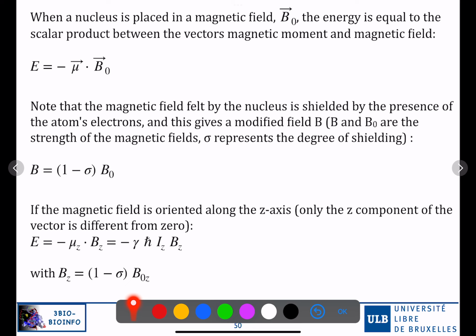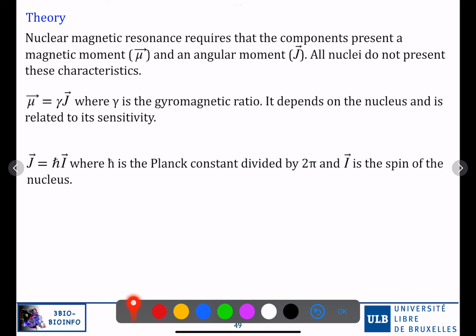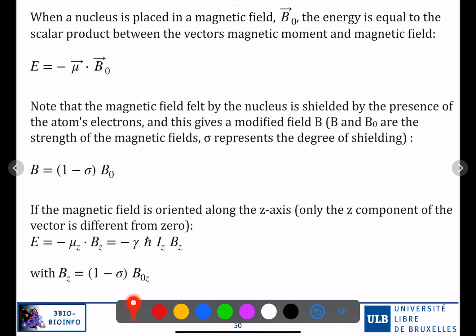And if I use the equation that we have seen in the previous slide, finally the energy is equal to minus gamma, the gyromagnetic ratio, times the Planck constant divided by 2π, times the z component of the spin and the z component of the magnetic field.